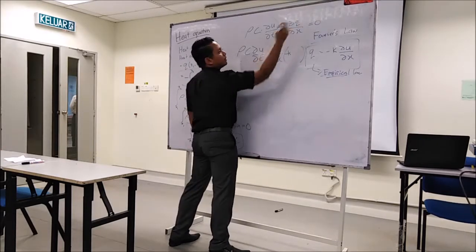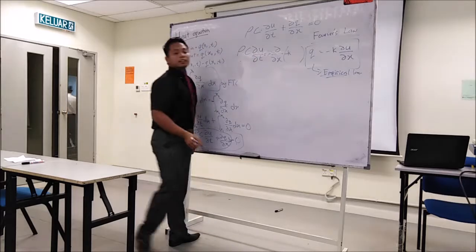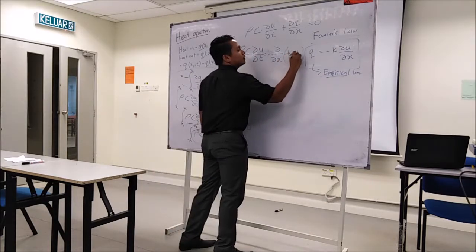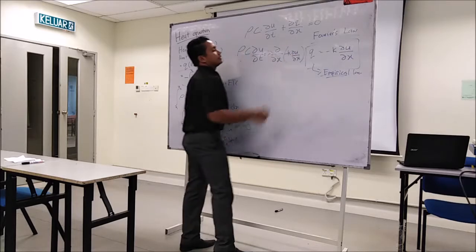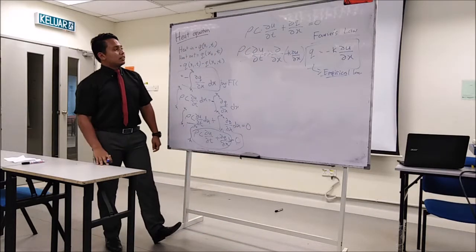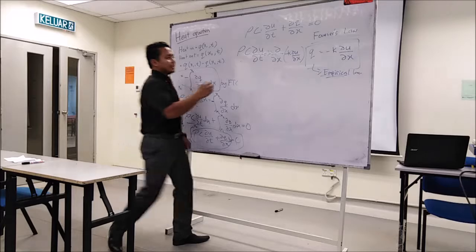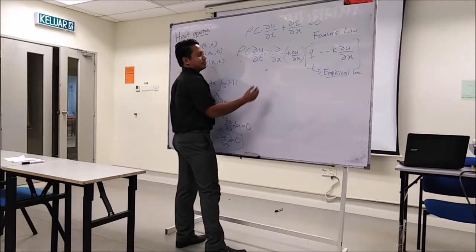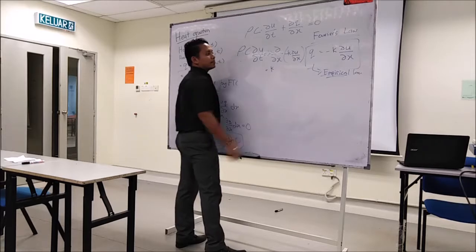I bring this over. Negative k del u over del x. Let me simplify. Negative and negative, positive. So we have positive k in front.